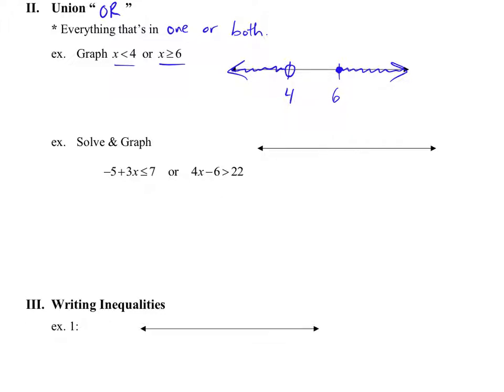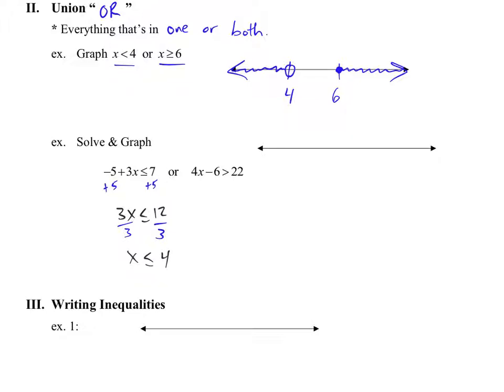Okay, so this next one, solve and graph. We do the same sort of thing as before. We solve first of all. So plus 5 gives me 3x is less than or equal to 12. Then I'm going to go through and divide by 3. So I get x is less than or equal to 4.